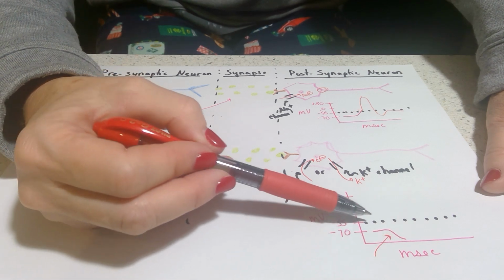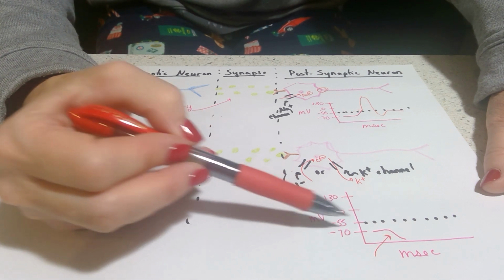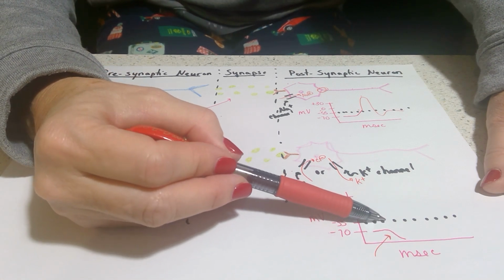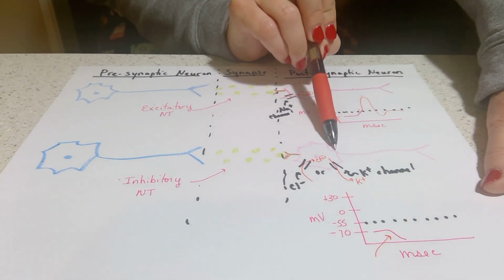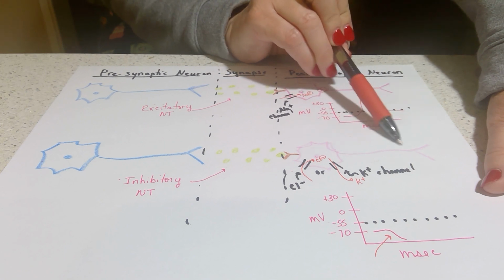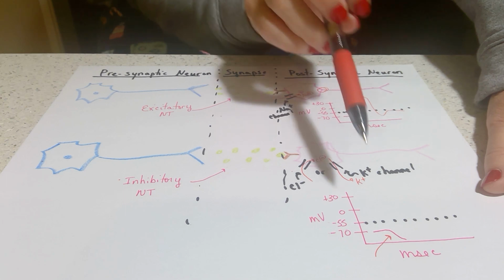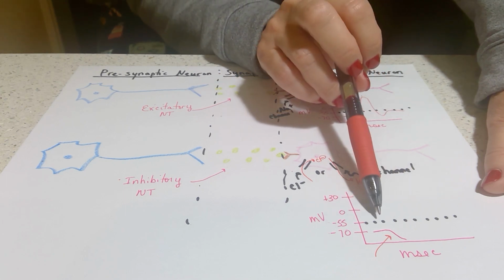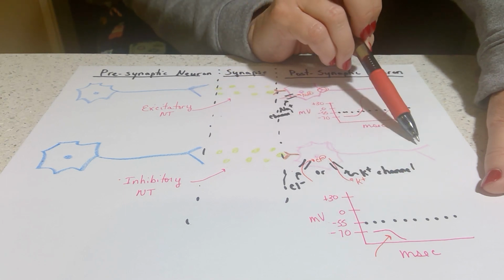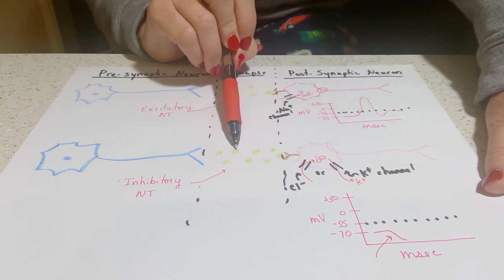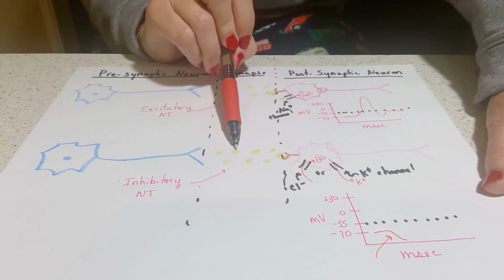Well, that's going to take us away from the threshold value, right, which is -55. So it's taking us further away from threshold. So that's going to prevent an action potential from being formed. So when we reach the axon hillock, the hillock says, no, we're nowhere near threshold, so we will not generate an action potential. And that is why it's considered an inhibitory neurotransmitter.